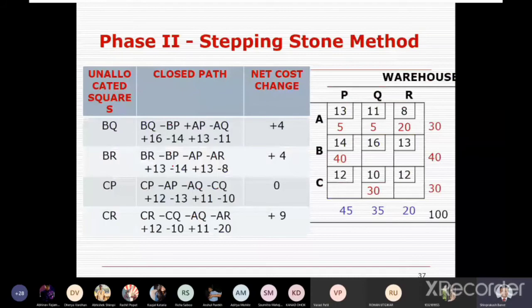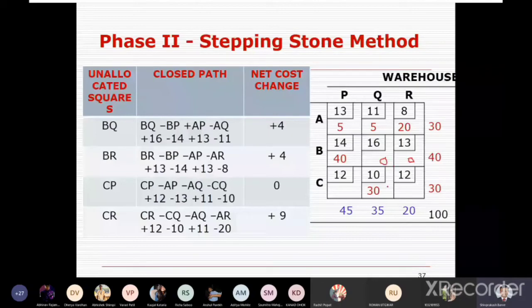Now for this new allocation, I want to check whether this is the final solution or not. And for this new allocation, I am preparing this closed path, and I want to calculate the net cost change. And here at BQ, these are the unallocated cells.